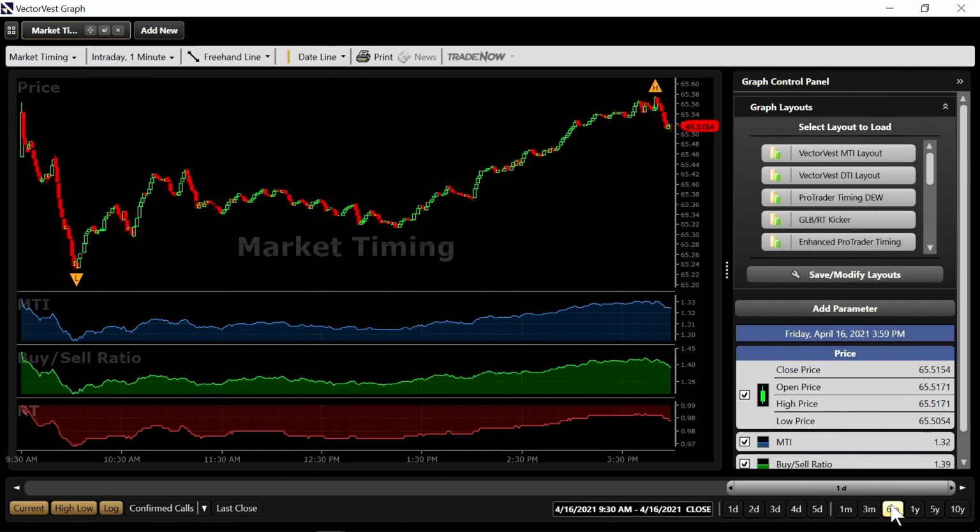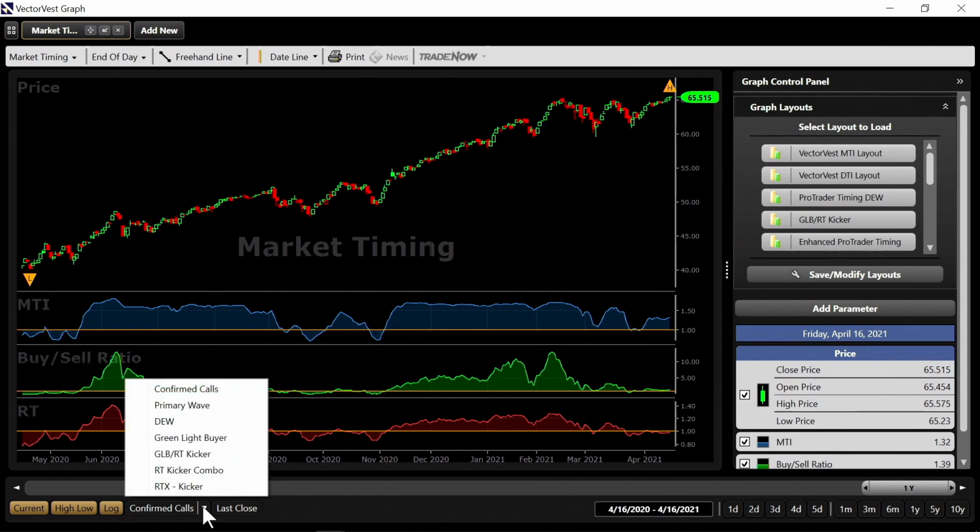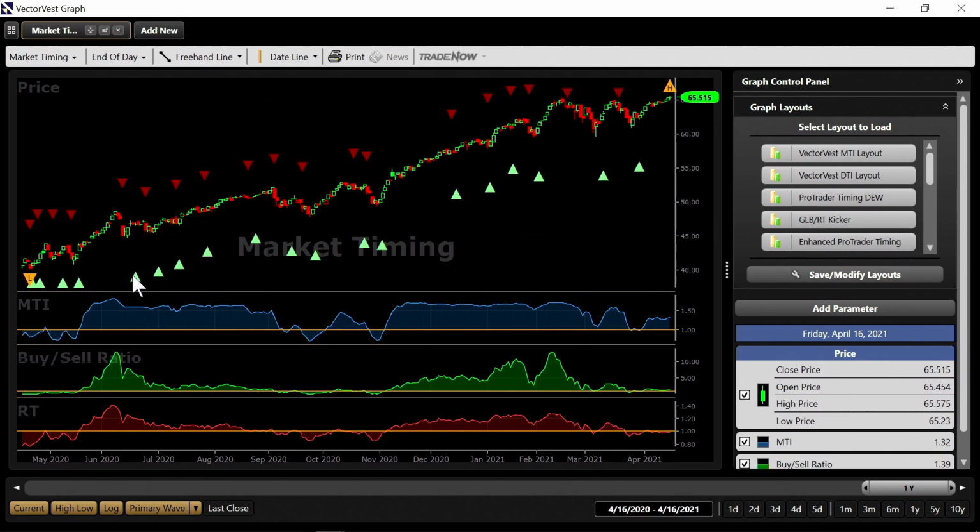So if I come down to the bottom here, and we just look at, say, the last year. I'll take off, there's that wedge I was talking about, okay? Now, at the bottom, you have the ability to place on what's called these timing models, right? And I'm going to go to primary wave. And it's going to put a bunch of green arrows and red arrows on the chart.